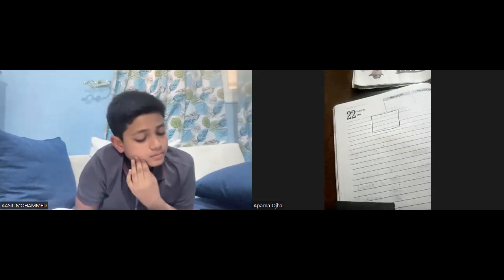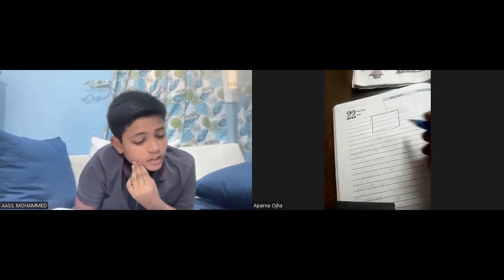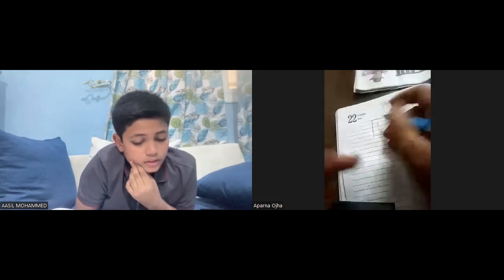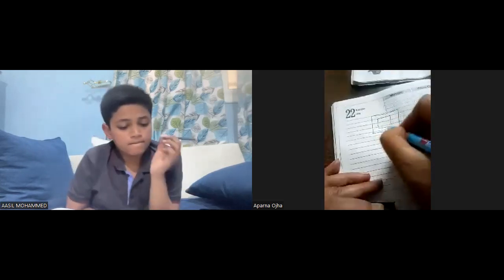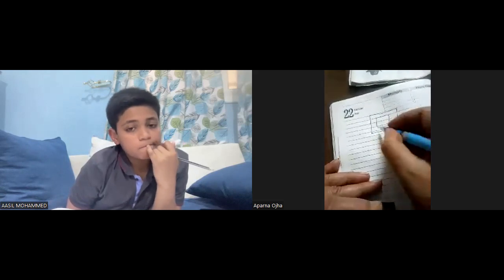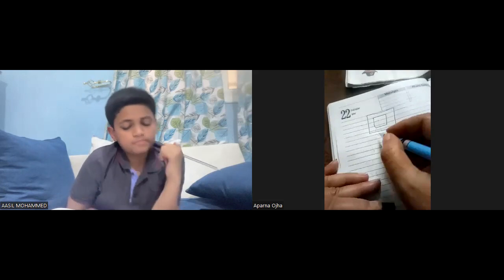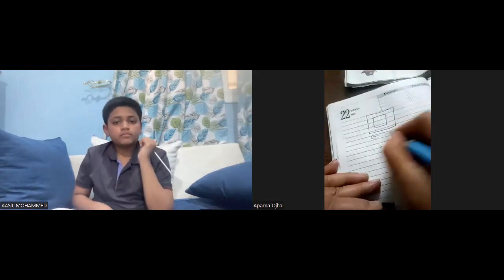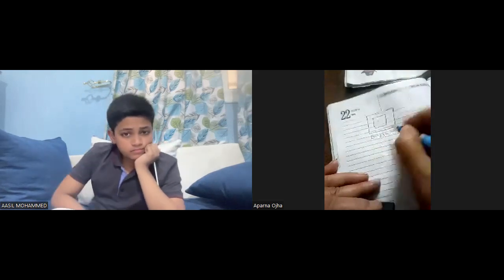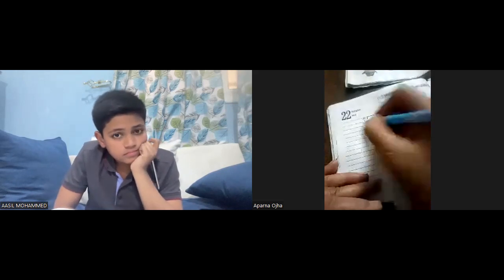And the measurement is how much? In the center there is a house, and here will be the garden outside. Around the house there is a garden. The length is 25 meters. Breadth is 15 meters.